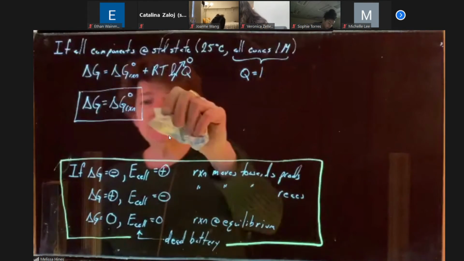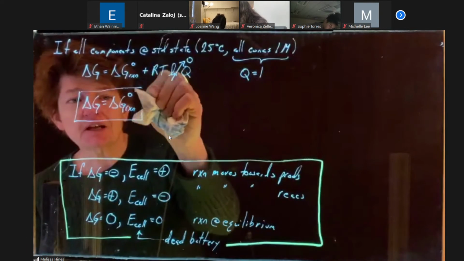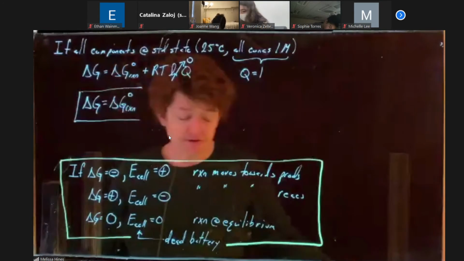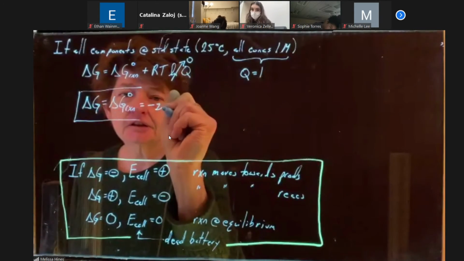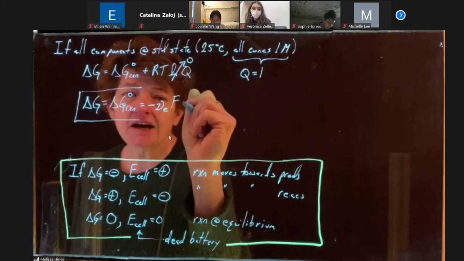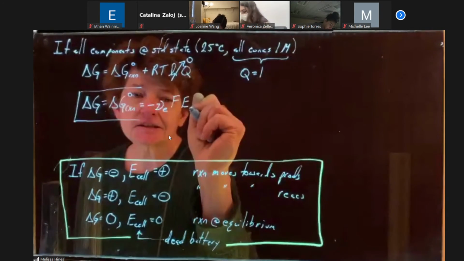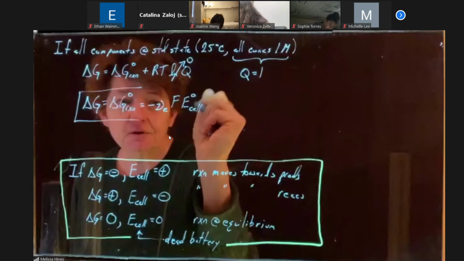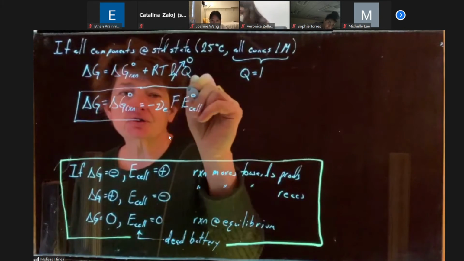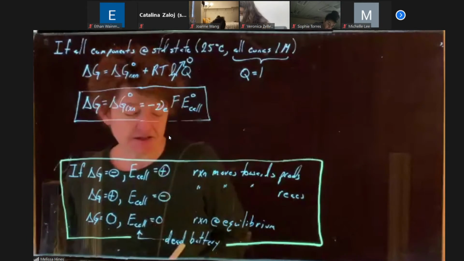And I should relate that, of course, to our cell potential. So that is going to be equal to negative nu sub e F E cell. But if we're at standard state, we are going to use the standard cell potential, which is going to be E cell naught.